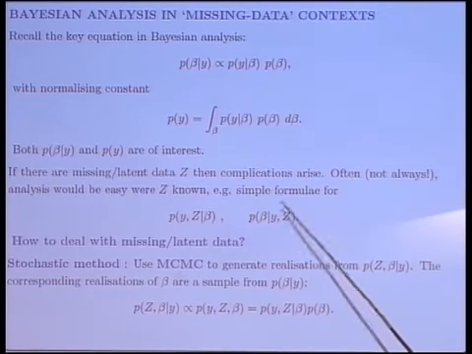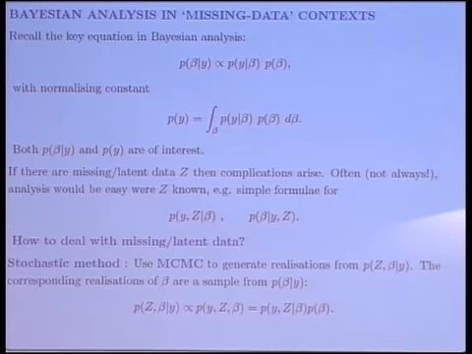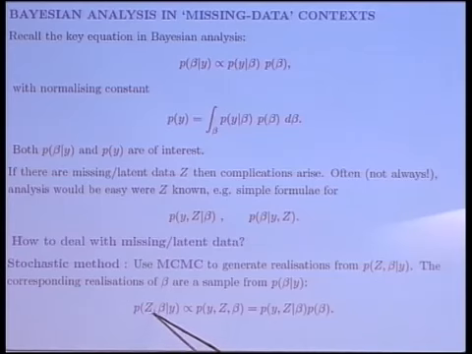So if you think, well, the set of all unknowns here consists of the parameters, beta, and the z's. So the thing we really ought to be able to get from our experiment is the distribution of everything that's unknown given what we've obtained from the data.